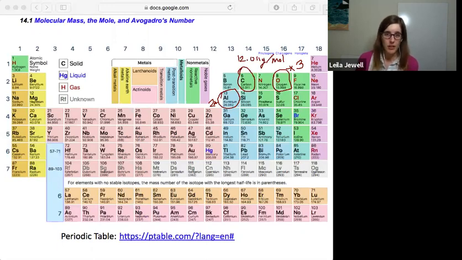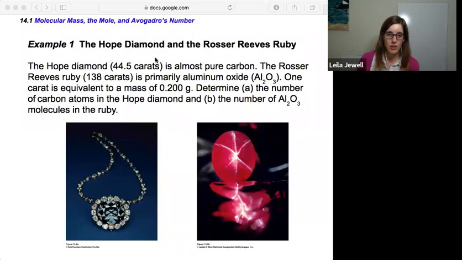With this in mind, if we know the grams per mole, and we know the grams, that tells us that we can then get to a number of moles, right? So this is our mass, which we can convert into units of grams. And then we know, say, carbon is 12.011 grams per mole.